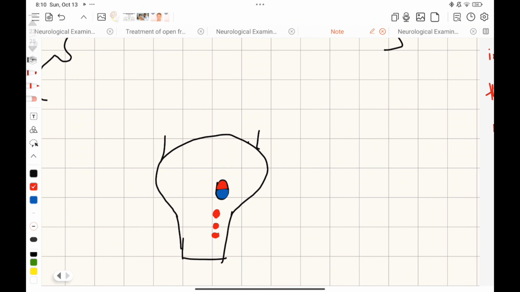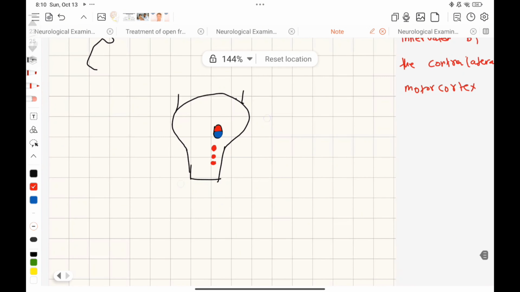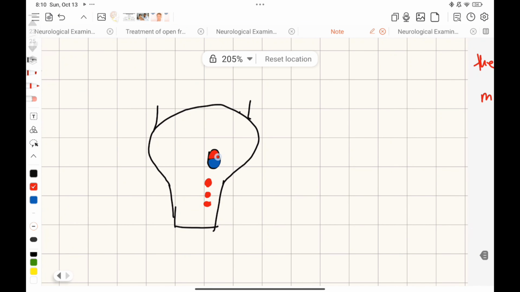We will talk about this nucleus, which supplies the facial expression of the face. The upper portion of this nucleus supplies the upper portion of the face, while the lower portion of this nucleus supplies the lower portion of the face.